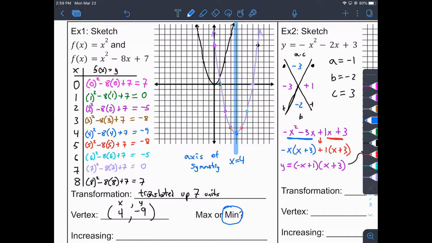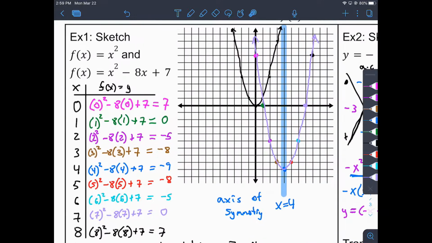But now let's talk a little more about the vertex and how to get to it. We want to know, how can you find the vertex just directly from the equation? Notice the first key piece: the middle of the graph is between the two spots it crosses the x-axis.